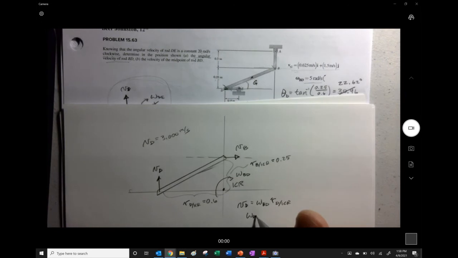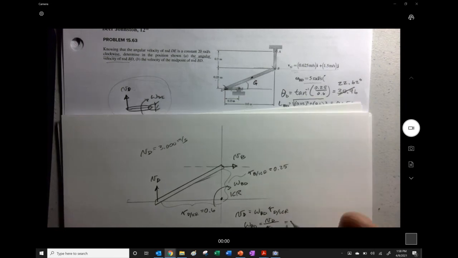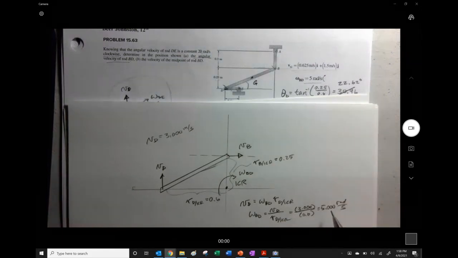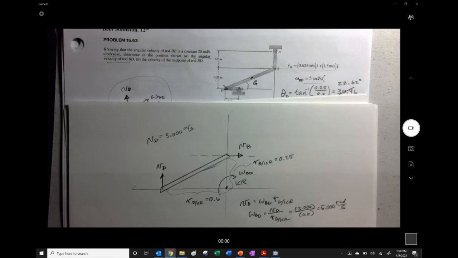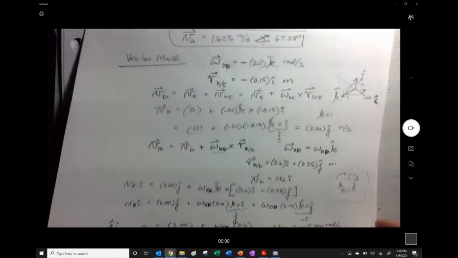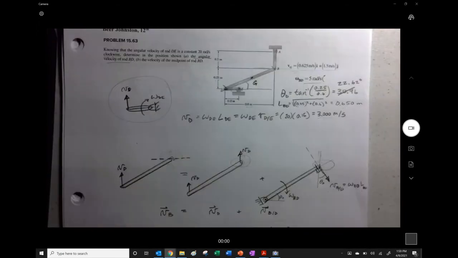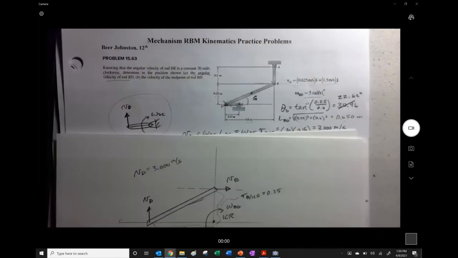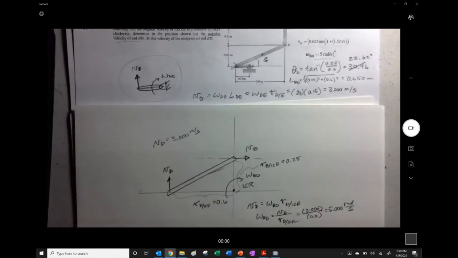So omega BD is equal to VD over RD ICR, or that's going to be 3 divided by 0.6. And then it's going to be 5 radians per second. So that was actually really quick, right? Way quicker than this right here, and much quicker than this right here. But that's just because the geometry really made it a lot easier.